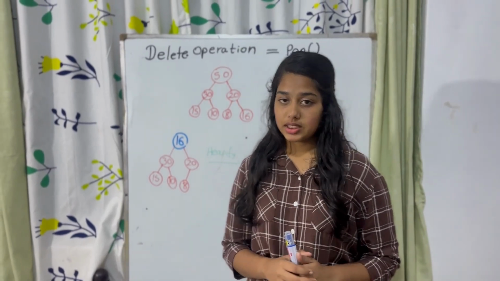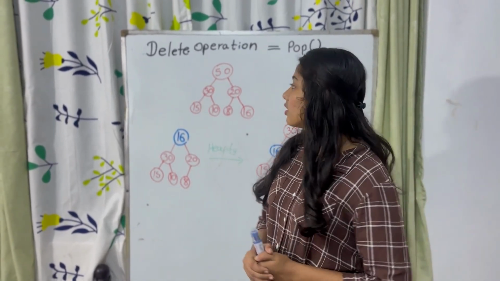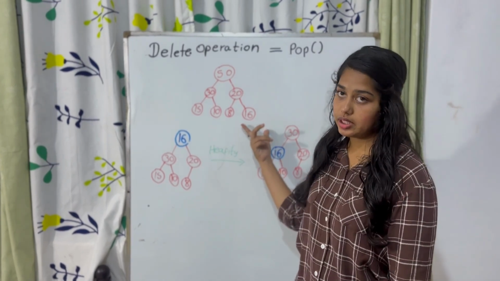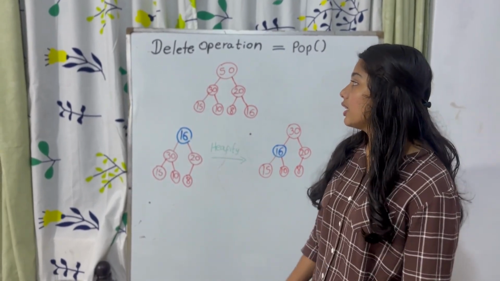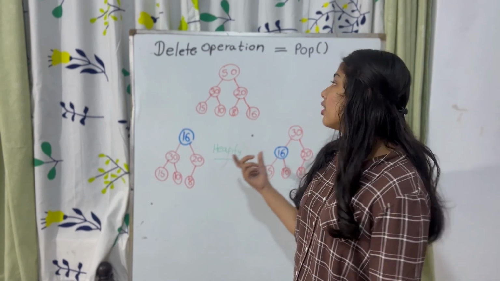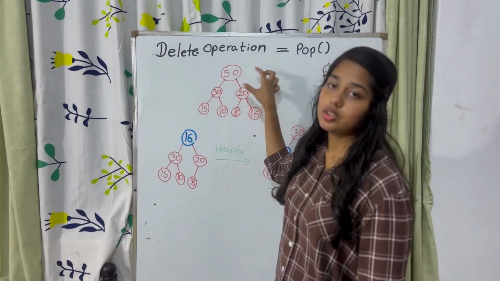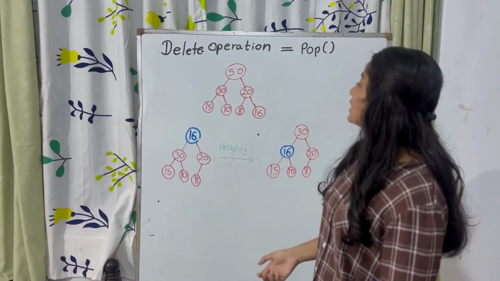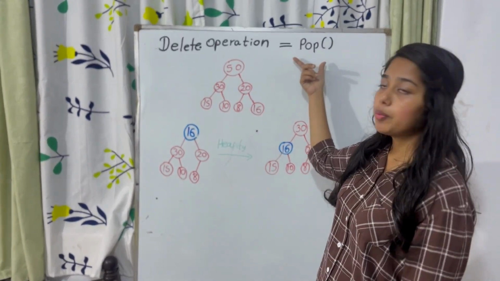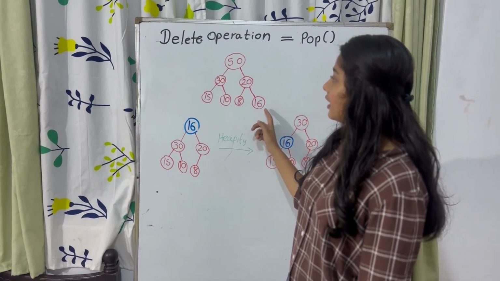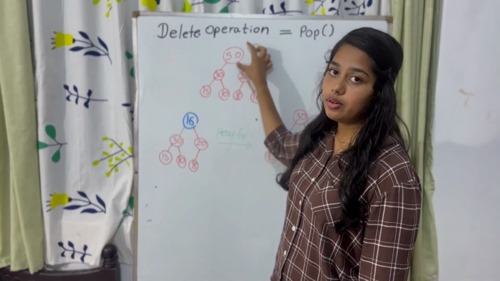The second operation is delete operation. Here we have a max heap tree. When we are doing delete operation, we can delete only the root node. This is the same as pop operation because we can delete only the top value of this tree.